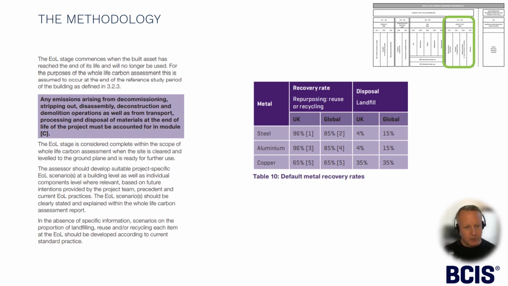That's all got to be accounted for in module C. Thankfully, the RICS professional statement does give us again some default values in terms of the recovery rates and the disposal levels. So that gives us a bit of a fighting start.